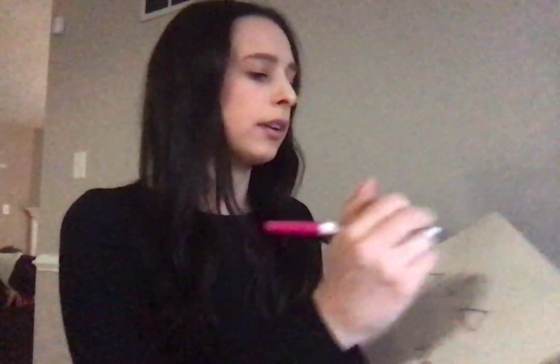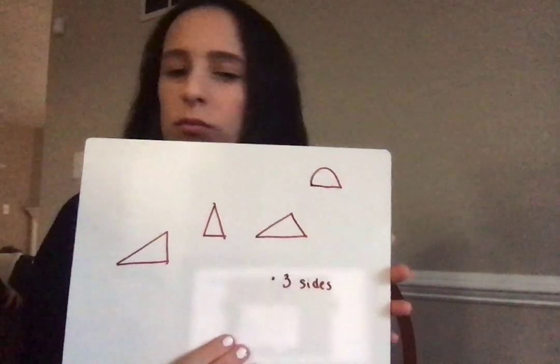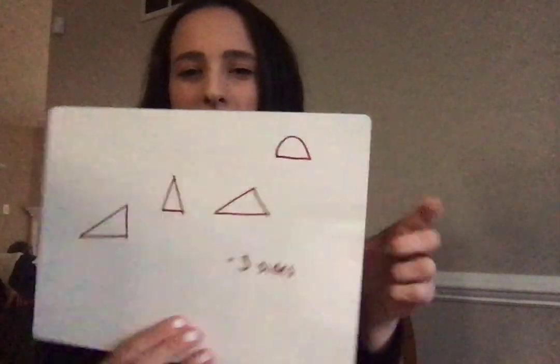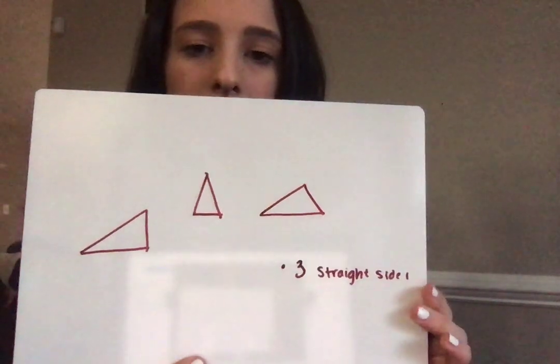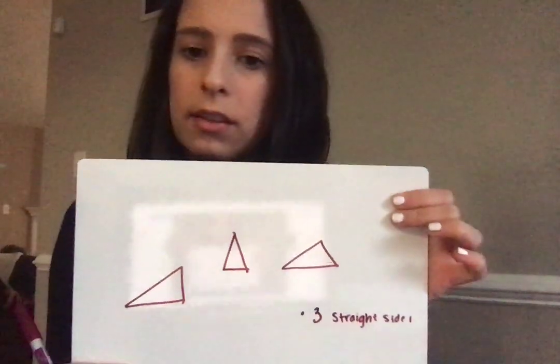Because if I said 3 sides, it looks like 3, kind of looks similar, but something different. I'm going to make it more specific and say that there are 3 straight sides. So all 3 of these shapes have 3 straight sides.